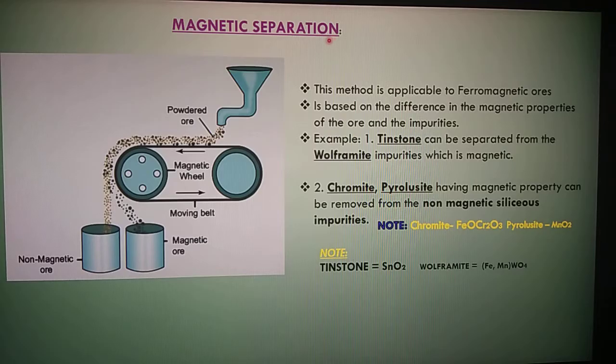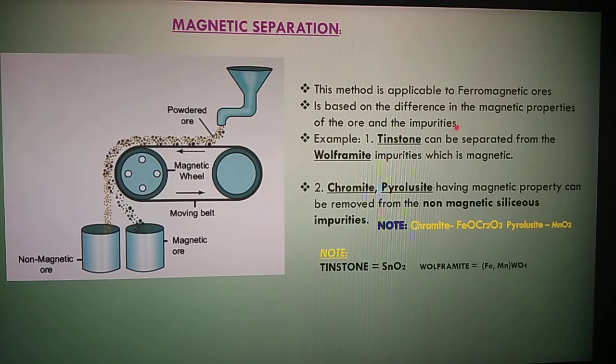So, the magnetic separation process is applicable to ferromagnetic ores. Right? Okay. In this process, it's based on the difference in the magnetic properties of the ore and the impurities.